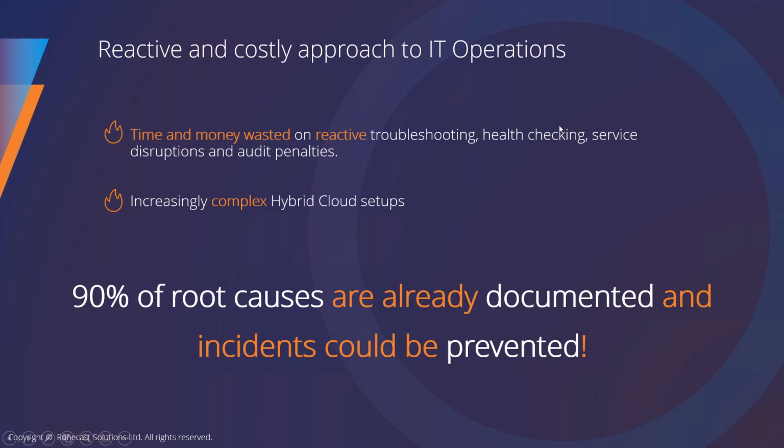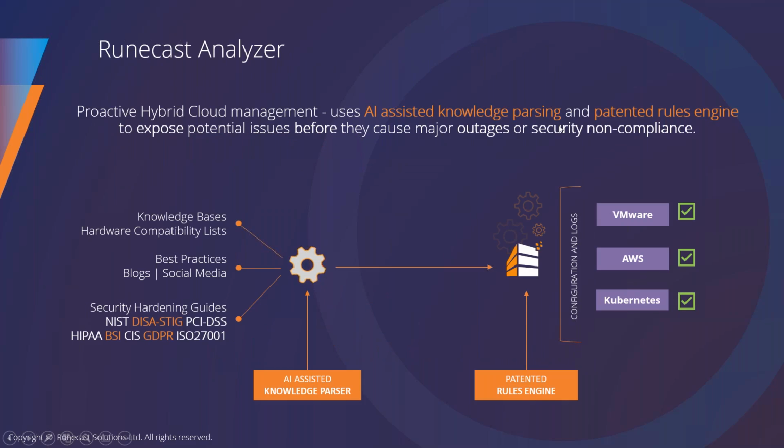And at this date, we are covering not only vSphere, but NSX-V, NSX-T, vSAN, Horizon, and also services or products outside the VMware scope as well. We support AWS public cloud and also open source Kubernetes, and we keep adding more and more technologies to that support list. Runecast Analyzer is a proactive hybrid cloud management solution.